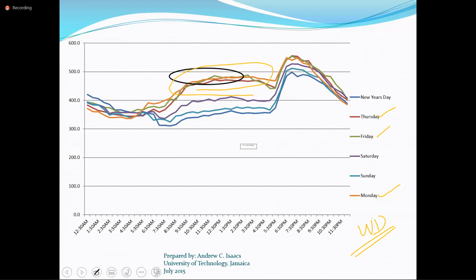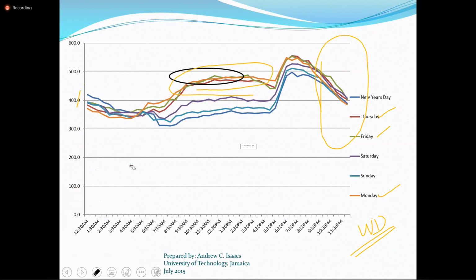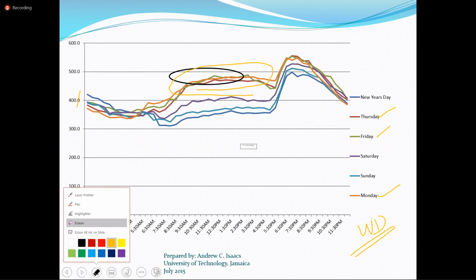Now I want you to note that over here and over here, regardless of the day of the week, the curves are more or less bunched up, right? Now, I want to just show you a couple of things. I have to take note of, for example, the New Year's Eve curve.